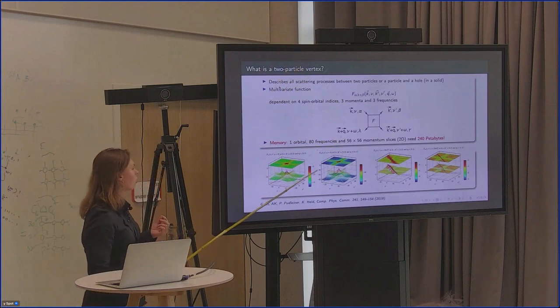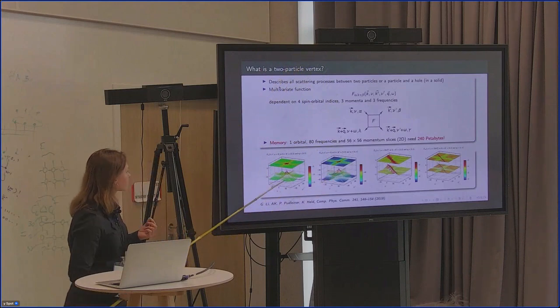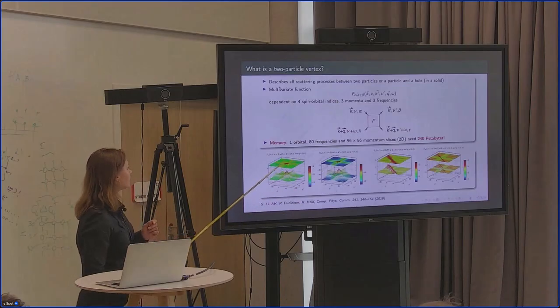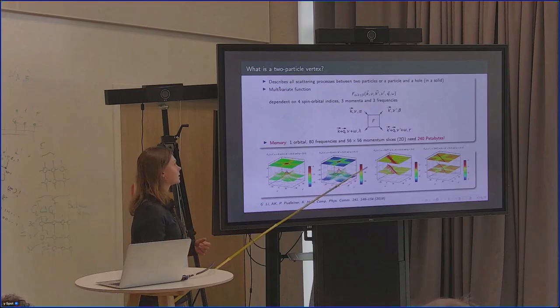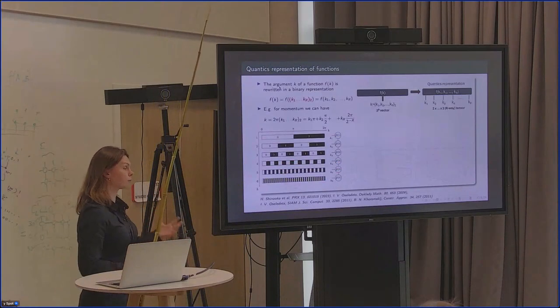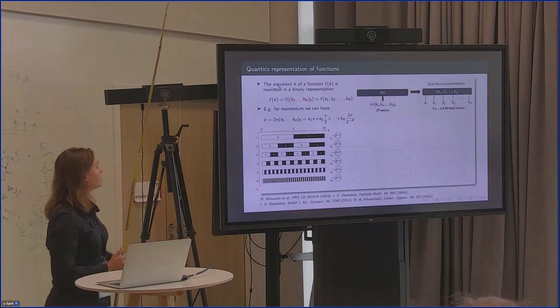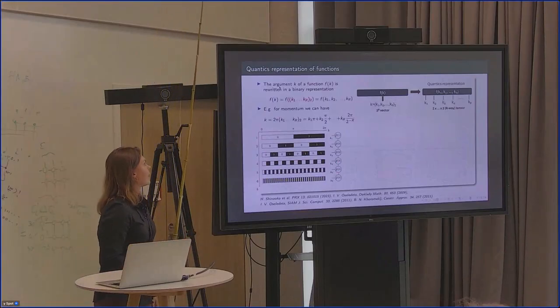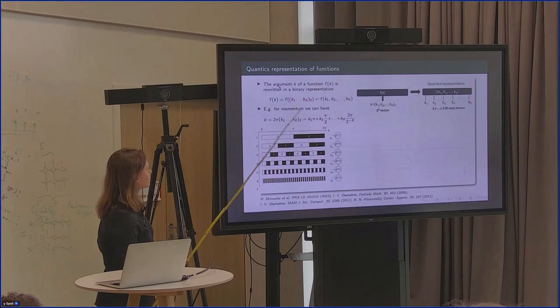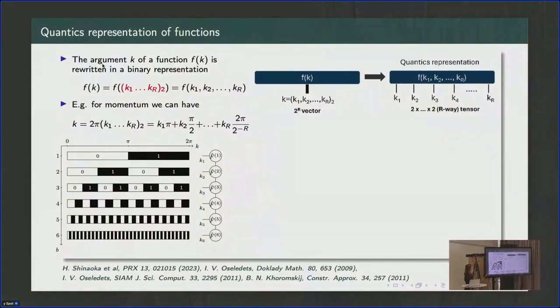So I never know how large these lines are going to be, in what way they are, how large the inner part is, how important it is for the physical quantities. That's why I would like to have an agnostic approach, and here the QTTs come in. So maybe I don't have to explain, that would be just the representation for a one-dimensional function for momentum.